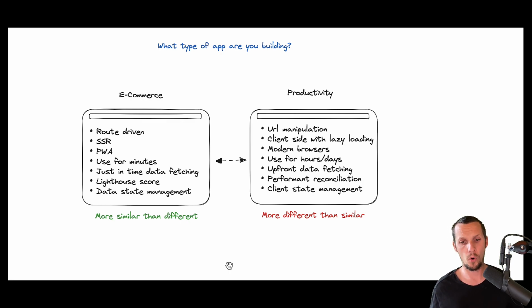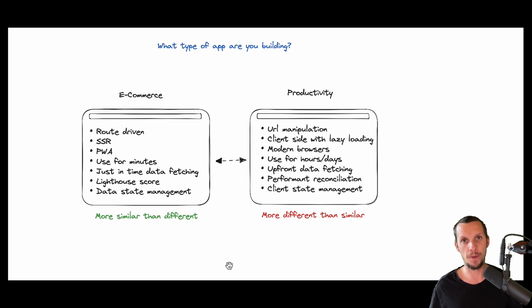And one overall perspective on this is that when you choose a tool to build either an e-commerce type of application or a productivity type of application, you can find a tool with a much higher abstraction for an e-commerce type of experience, because those experiences are more similar than different, arguably. So you might end up with a solution like Next.js or Remix or something similar. But when it comes to a productivity type of application, they are more different than similar.